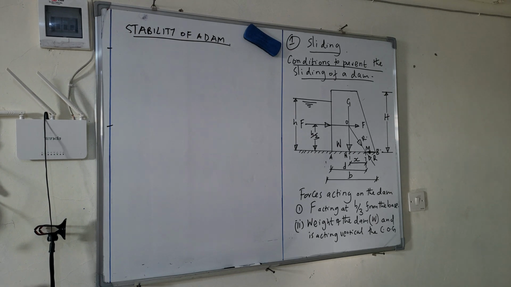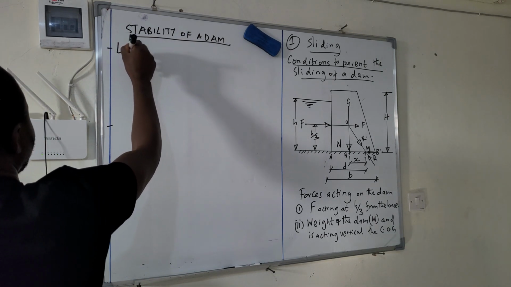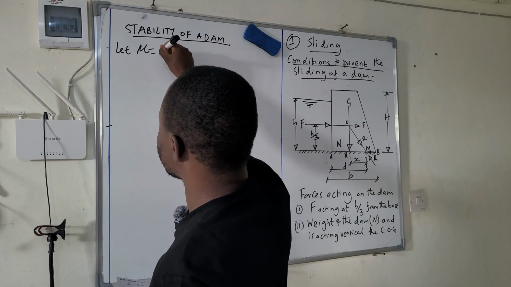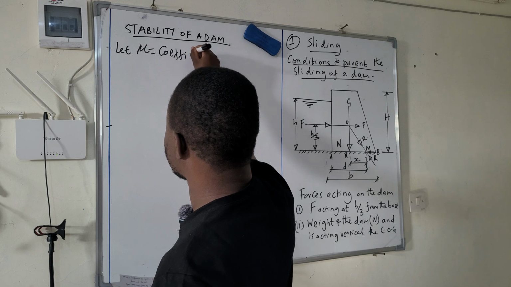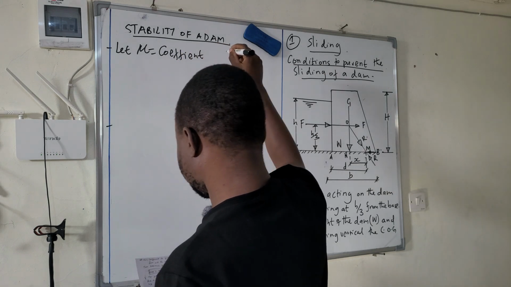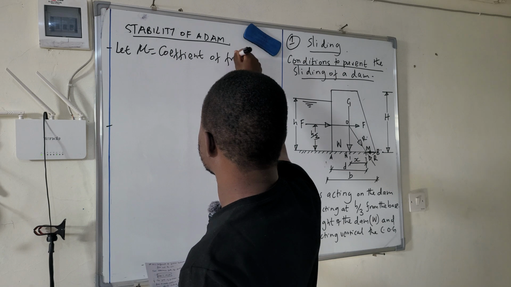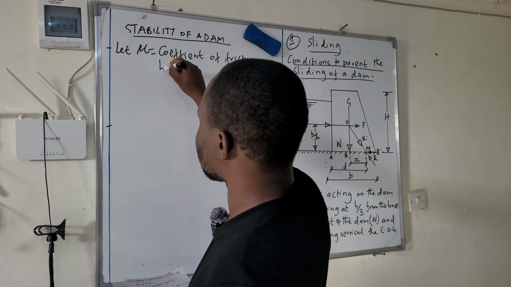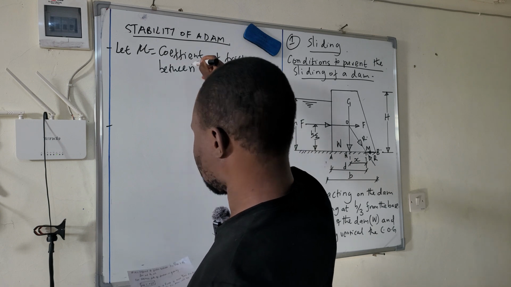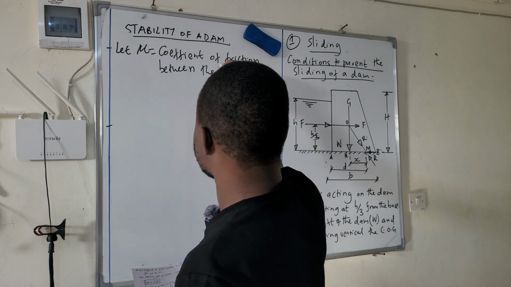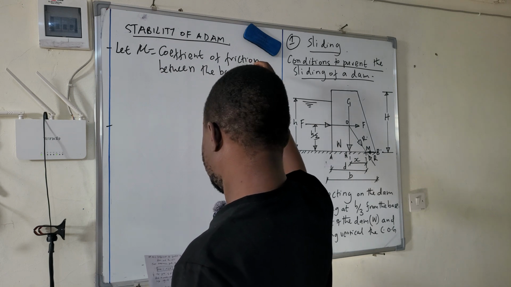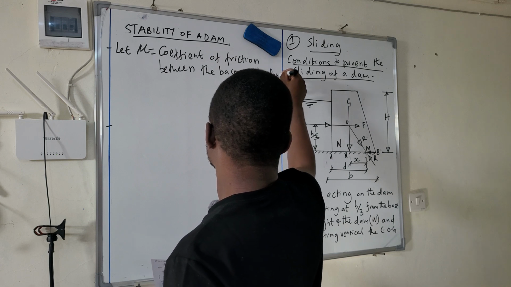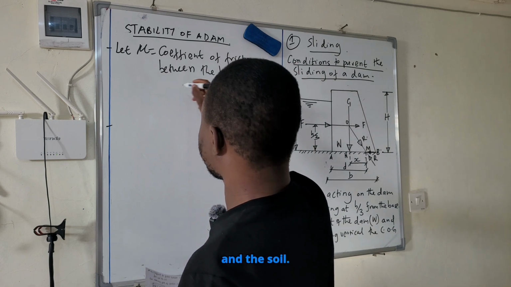So let mu be the coefficient of friction between the base of the dam and the soil.